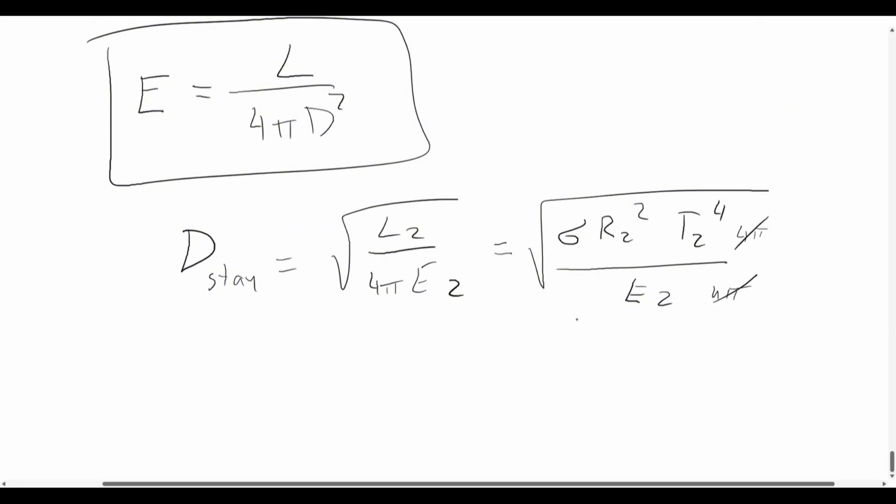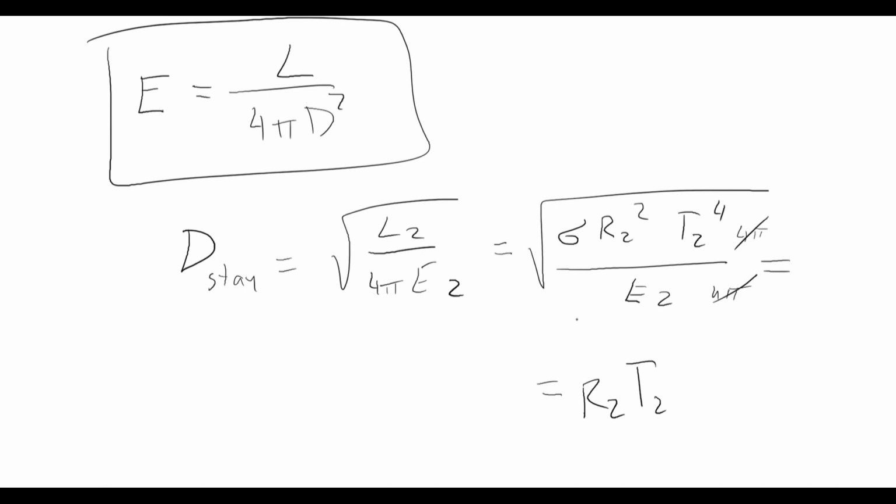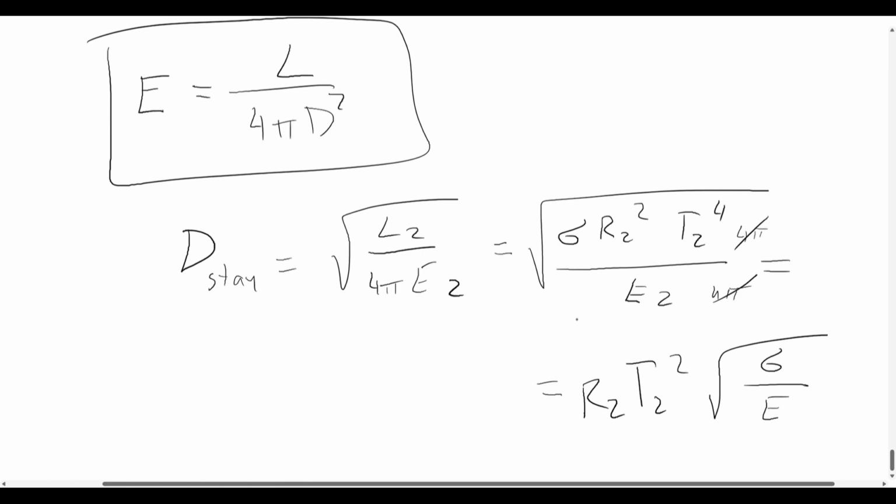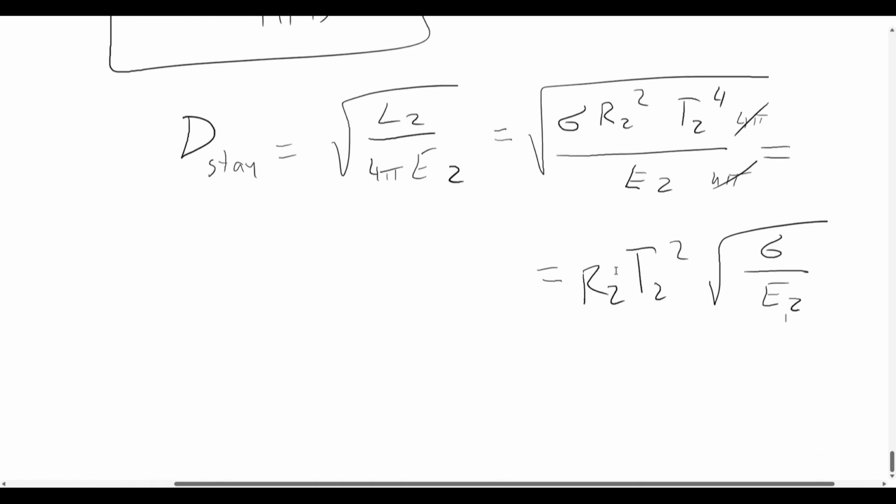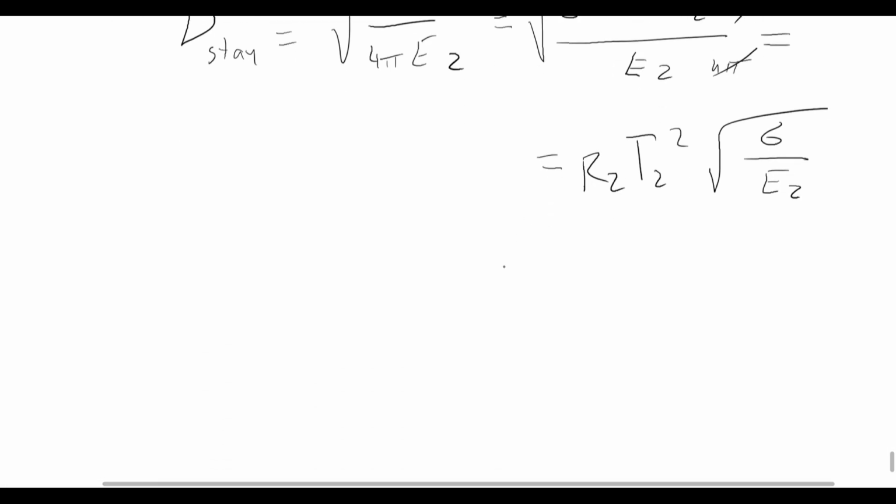Okay. So then we get something like this. R2 T2 squared, yes, times the square root of sigma over E2. Well, the square root of it. Okay, great.